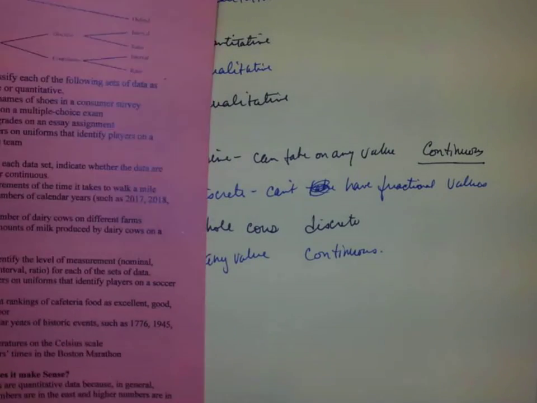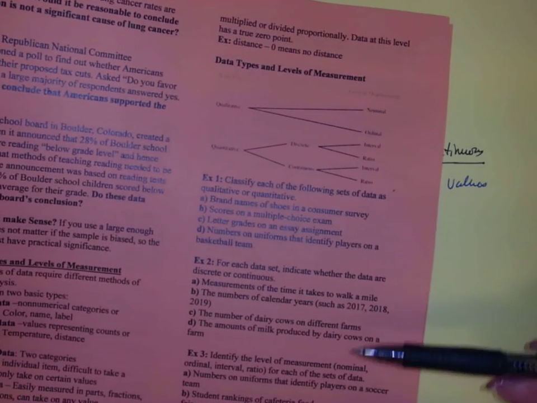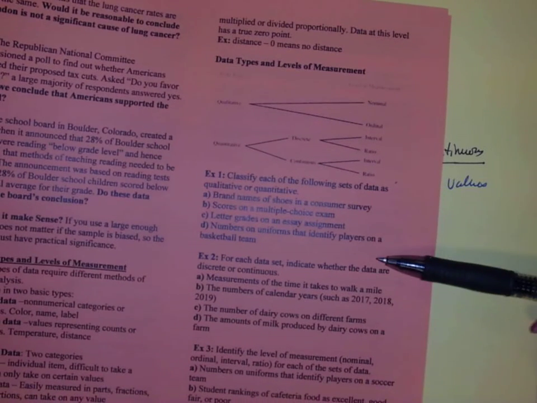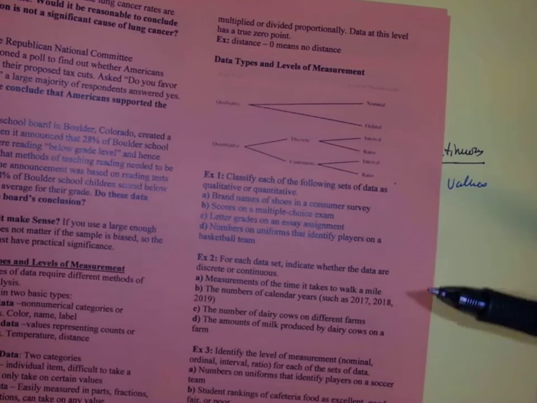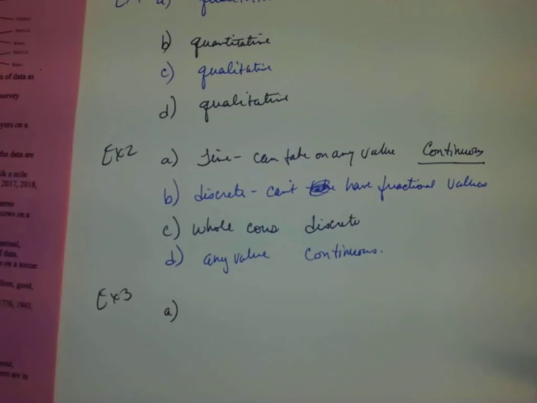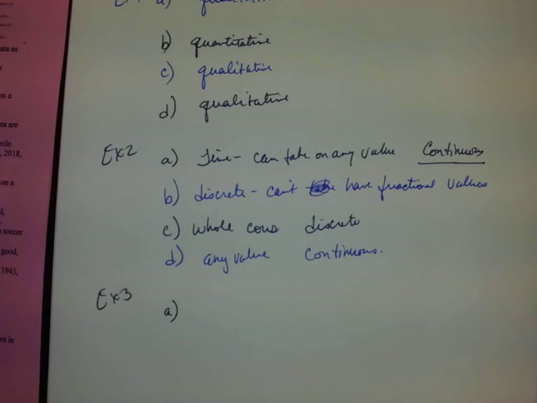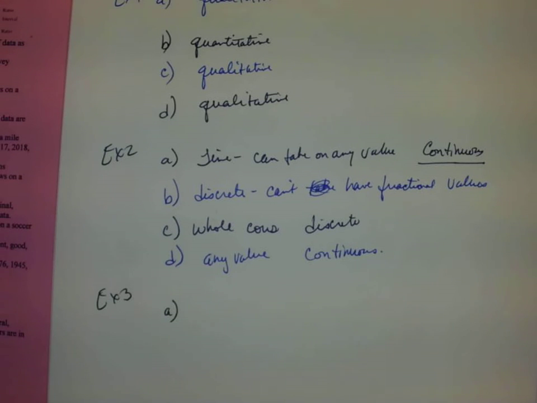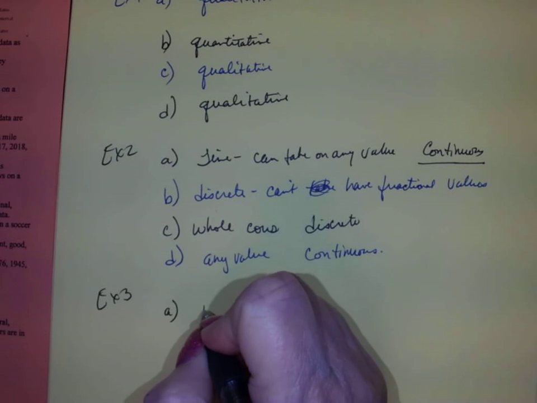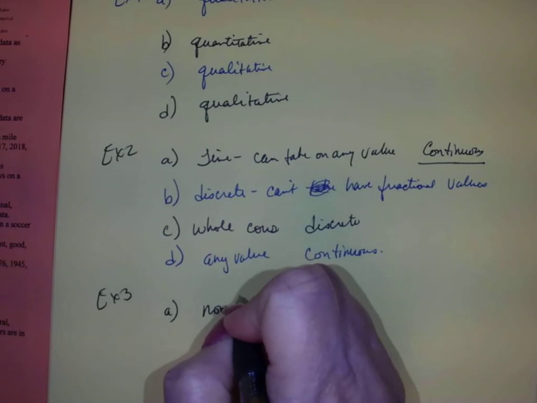Here we're going to go a little bit further, and we're going to name it as nominal. Okay. So part A is going to be nominal. It's more like a name. It's a label, right?